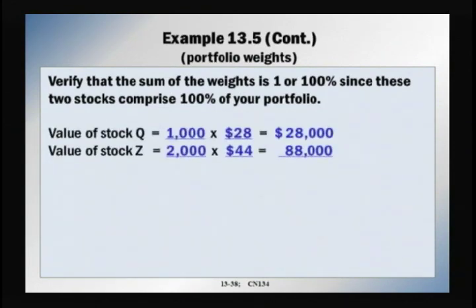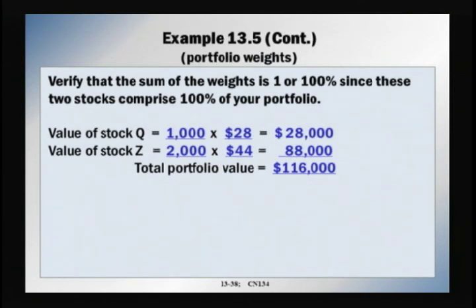With 1,000 shares in stock Q at a price of $28 each, we have $28,000 in stock Q. With 2,000 shares in stock Z with a price of $44 per share, we have $88,000 in stock Z for a total portfolio value of $116,000.